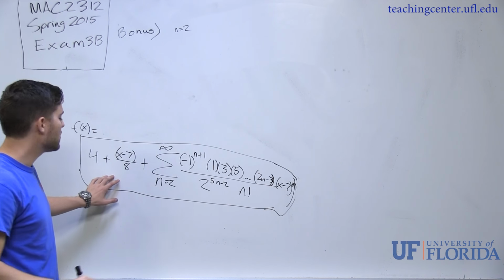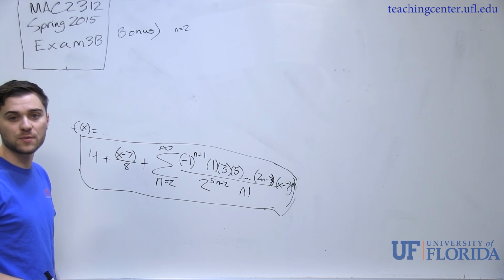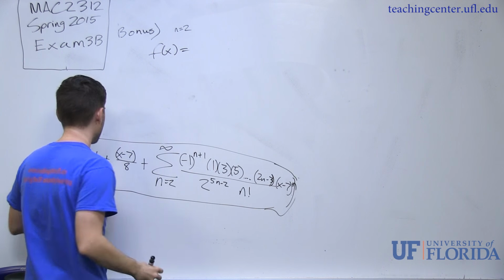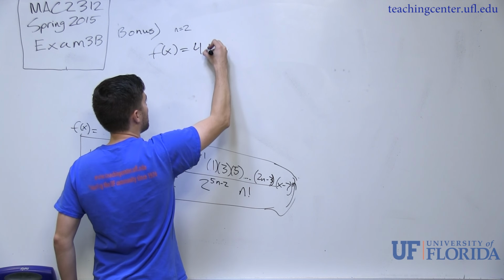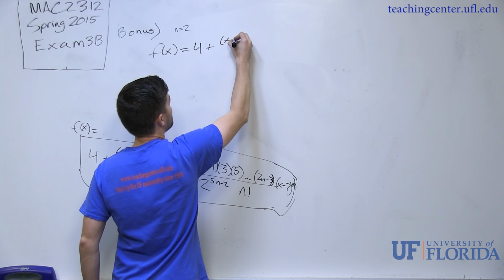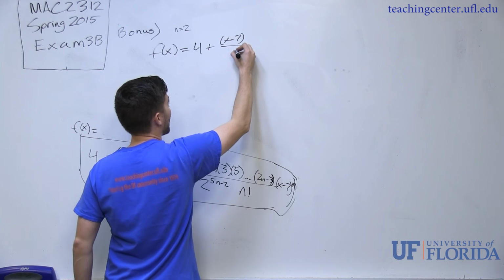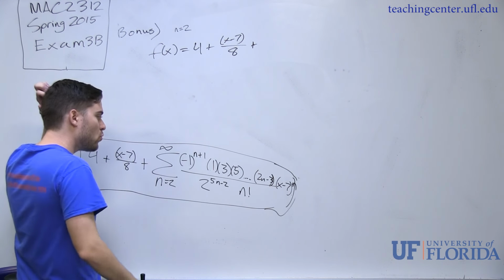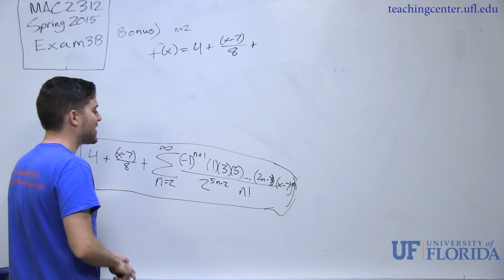I can go ahead and write out my Taylor series approximation. So f of x is equal to 4 plus (x minus 7) over 8 plus, at n equals 2, I need to write out what that term is.